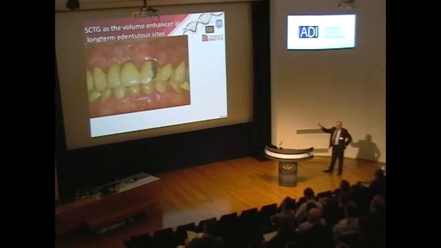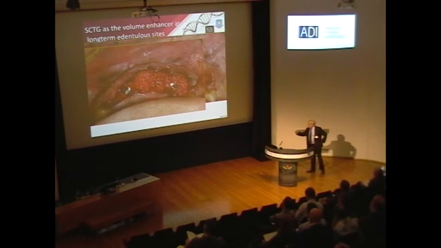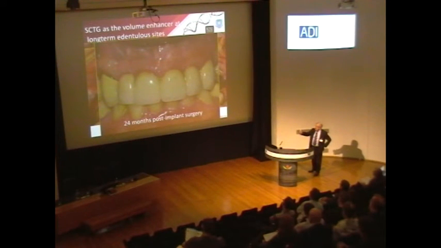So, still going on the fact that we've got volume enhancements occurring with the connective tissue. We are going to do type 1 implant placements on the left-hand side, and there's an old edentulous site on the other side. So, right-hand side is getting connective tissue graft. No bone grafting is taking place. 24 months later, that is the sort of effect that you should expect from that connective tissue graft.